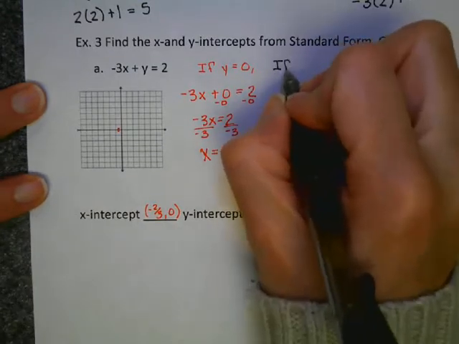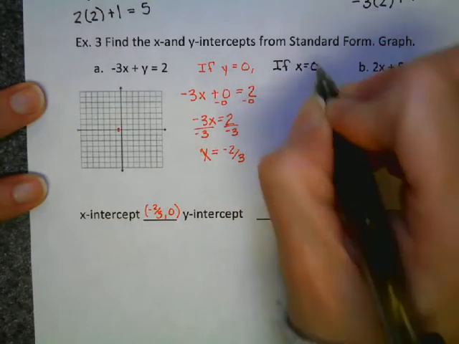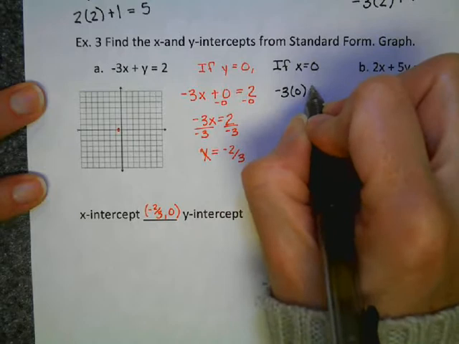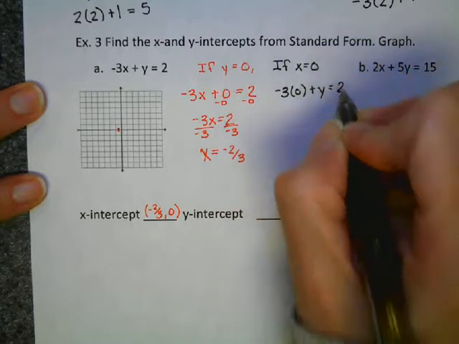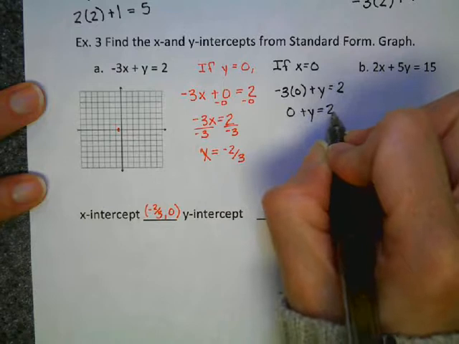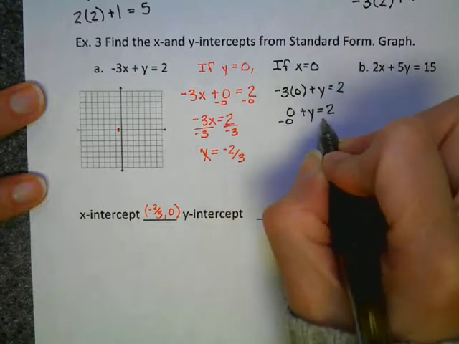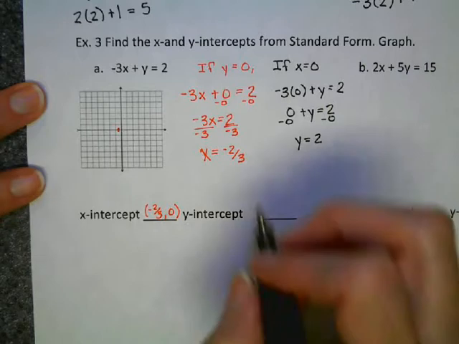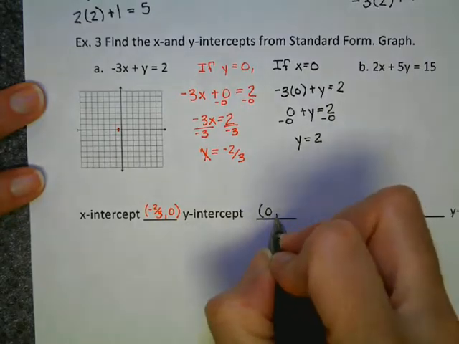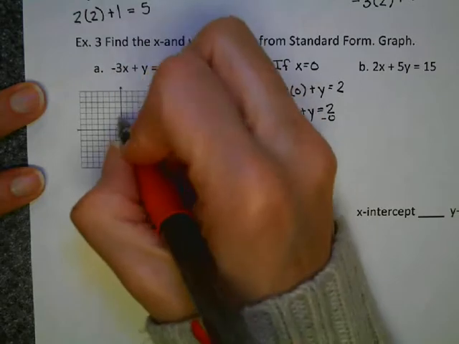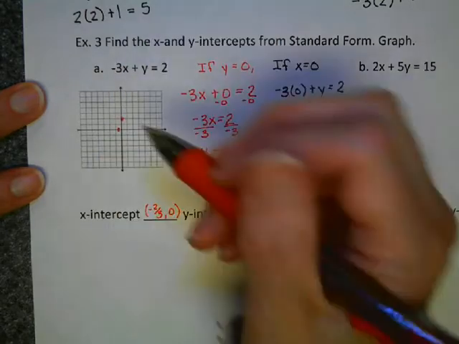Now we're going to let x equal 0. So if x equals 0, this becomes 0 plus y equals 2. So the point for the y-intercept is 0, 2.